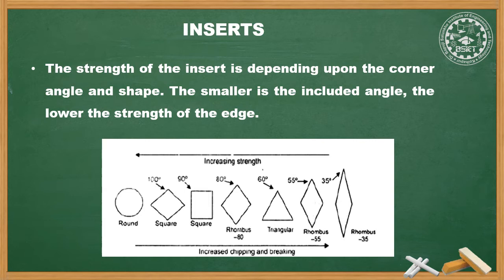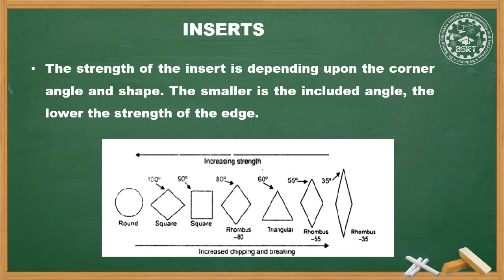From this, we can choose the various types of insert required for various jobs, such as for high precision or high finishing, where we usually use rhombus 55 or rhombus 80 types of insert.